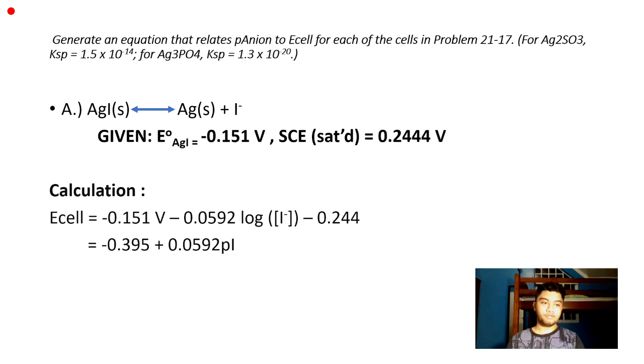Using the formula E cell equals E indicator minus E reference plus E junction, we substitute the E indicator, which is negative 0.151 volts, minus 0.0592 times the logarithm of the concentration of I. Since it is not given, it is a variable.